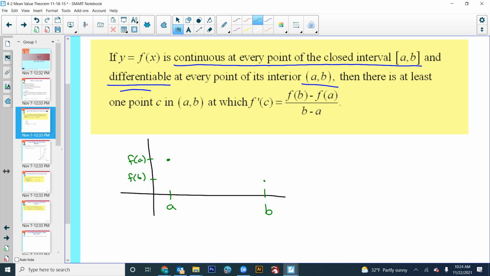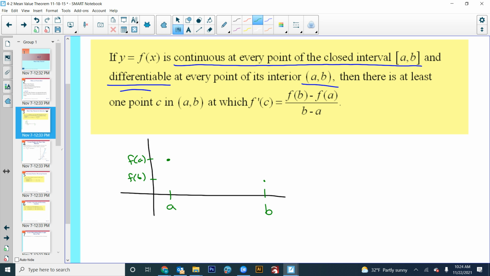We don't know. All we know is that this function is continuous and differentiable, and differentiable involves being smooth and continuous. So it's smooth and continuous on this interval.